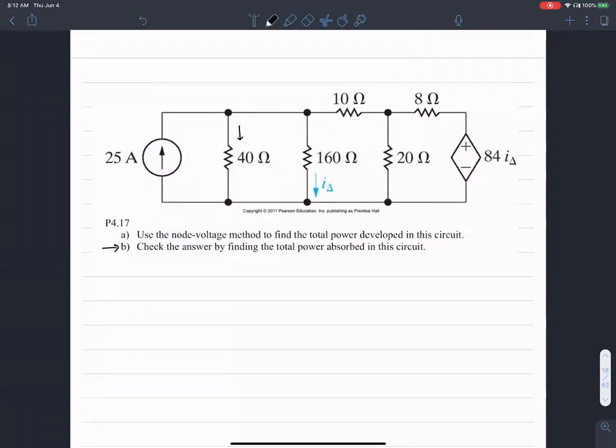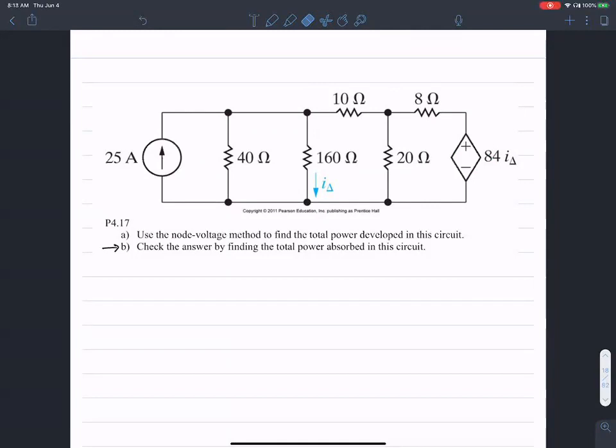If I find the current and the voltage in each of these elements, then it should be easy for me to multiply the voltage times current in each element, and then add them up appropriately to find the total power absorbed or delivered, and see that the total power delivered is exactly equal to the total power absorbed. So that's the idea.